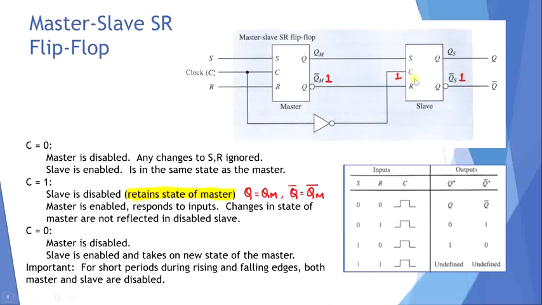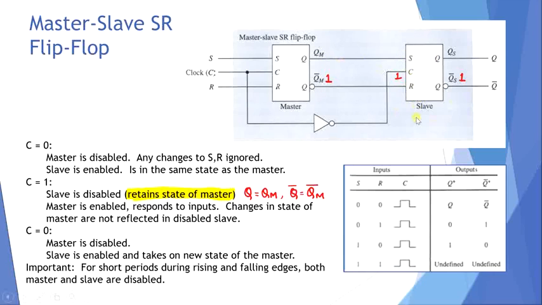So C will be equal to 1 in this particular case. So this slave will be enabled due to the presence of the inverter. Hence the slave will be in the same state as that of the master, since QM and QM bar are connected to the S and R of the slave.